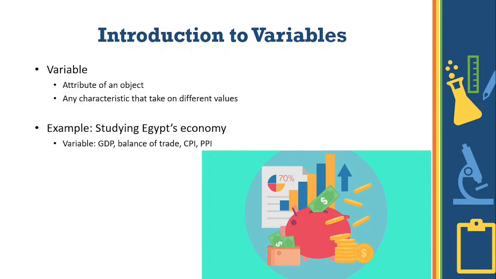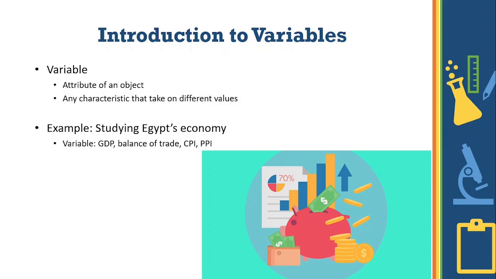A variable has different meanings in different contexts. However, in statistical research and analysis, a variable is any attribute of an object, or any characteristic that can take on different values. For example, you're going to study Egypt's economy, or test a hypothesis in relation to Egypt's economy.